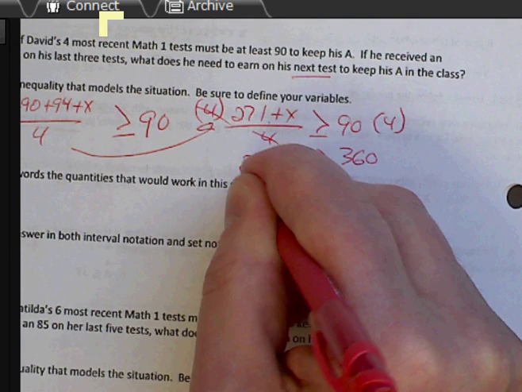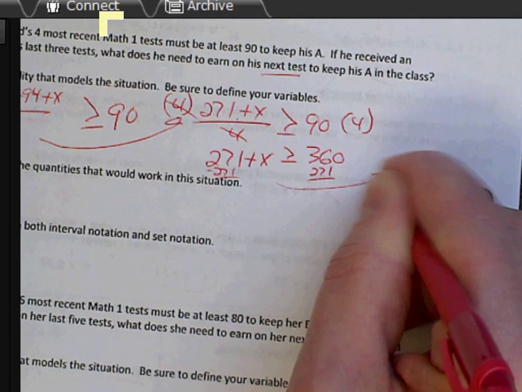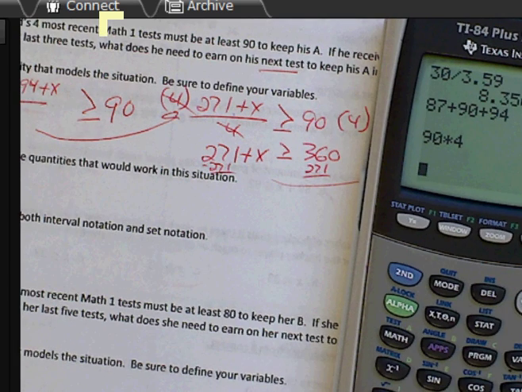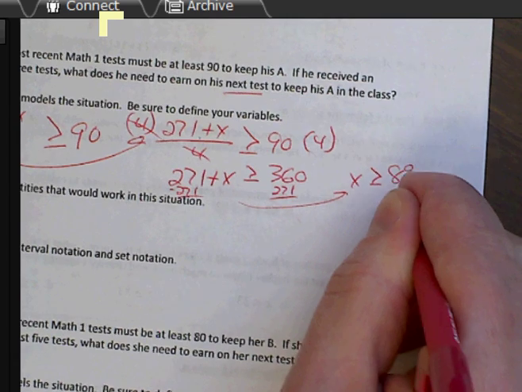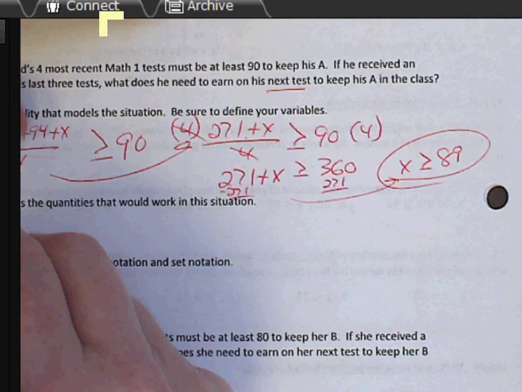I'm going to subtract 271 from both sides. I get X is greater than or equal to, so 360 minus 271 equals 89. X is greater than or equal to 89. He's got to get an 89.